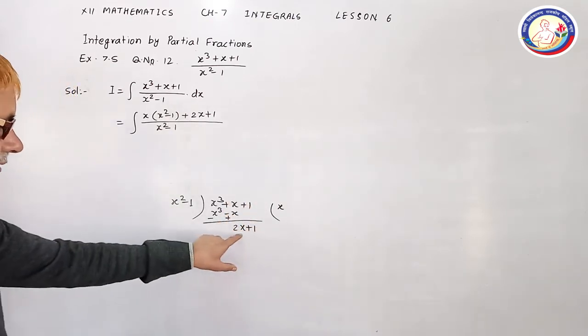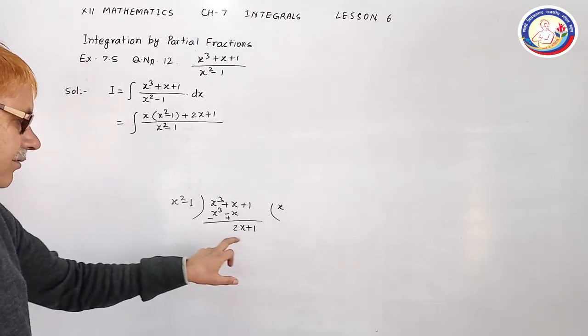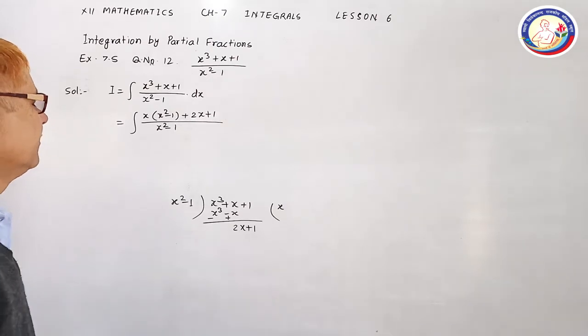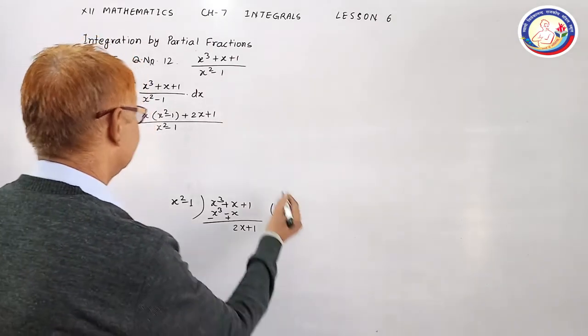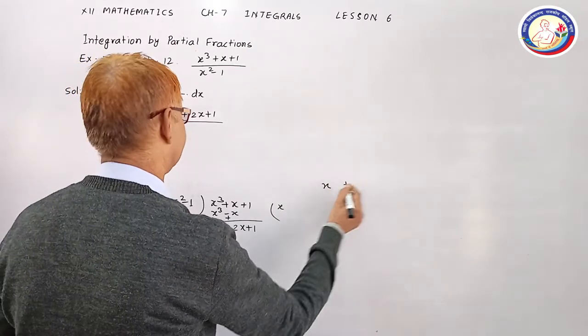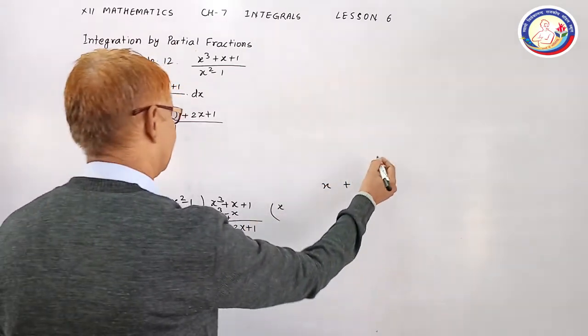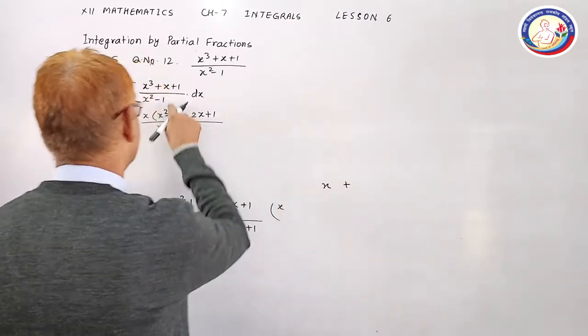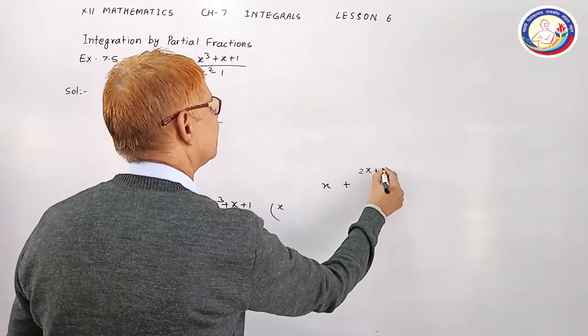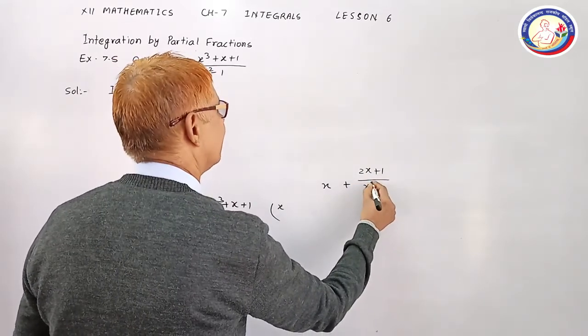Now the power here is less than x square in the divisor, so it is the remainder. So we can write directly this x plus, x square minus 1 will cancel with the x square minus 1, x plus 2x plus 1 divided by x square minus 1.